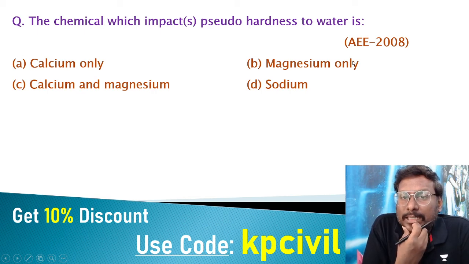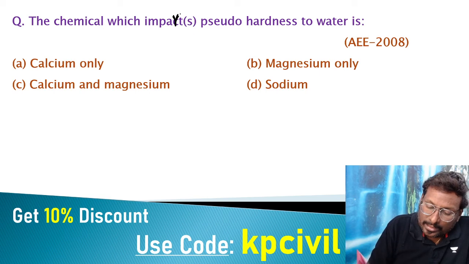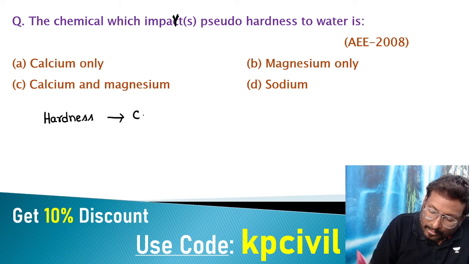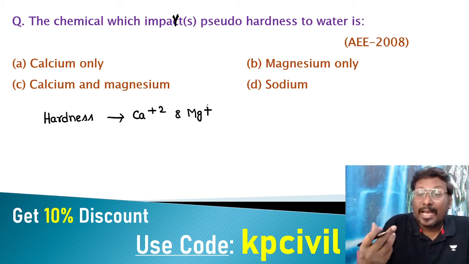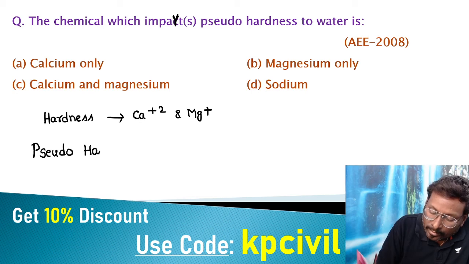Chemical which imparts pseudo hardness. Hardness is caused due to calcium and magnesium. But they are not asking about hardness, please understand. They are asking an imaginary false hardness, pseudo, due to monovalent cations.